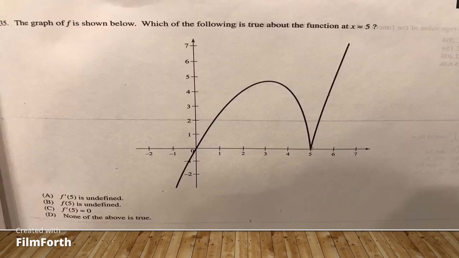Okay, next. The graph of f is shown below. Which of the following is true about the function at x equals 5? So that is a function of f and point 5.